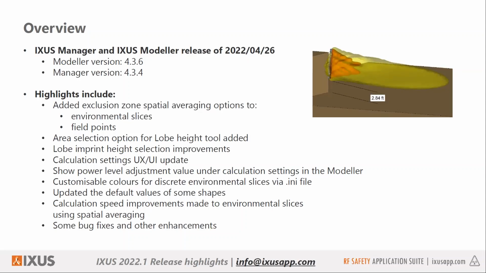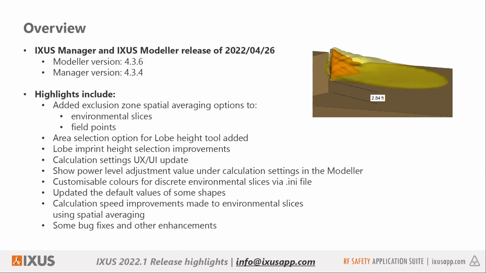And then we've moved things around a little bit to make things more intuitive, specifically our calculation settings. We've updated our UI for that. Also in that widget, we now show the power level adjustments. So power level adjustments comes into play when you activate uncertainty calculations in your simulation.